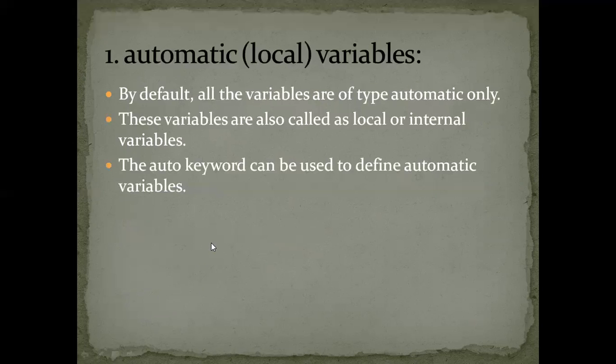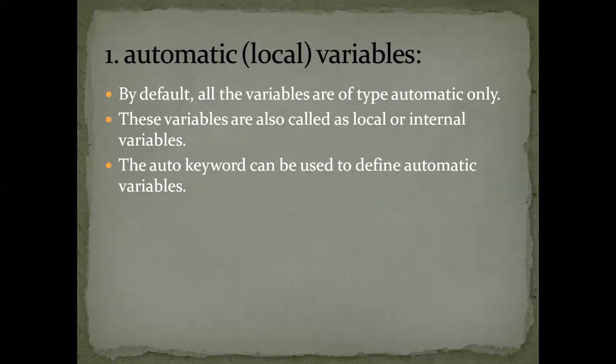What is the first one? Automatic, and we can also call it a local variable. Normally we call it local variable, global variable. So here, an automatic variable can also be called a local variable. What are the local variables, or we can say what are the automatic variables? These are defined inside the functions and their lifetime is local to the function in which they have been defined.